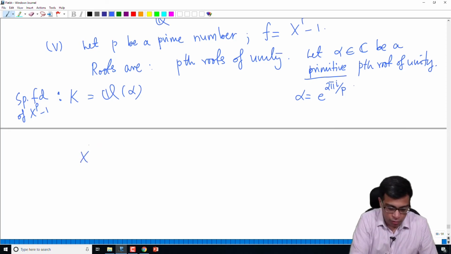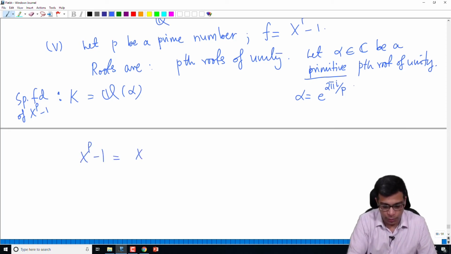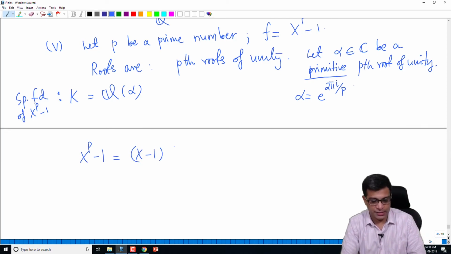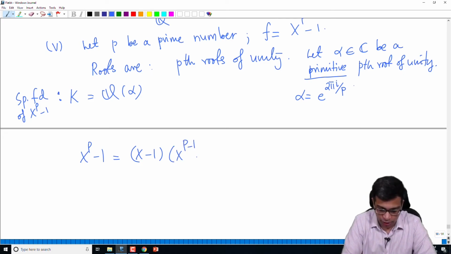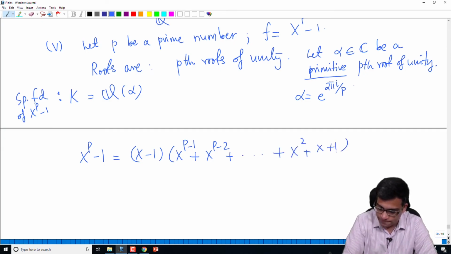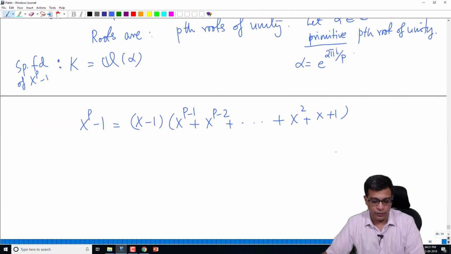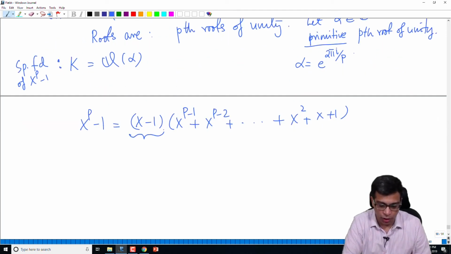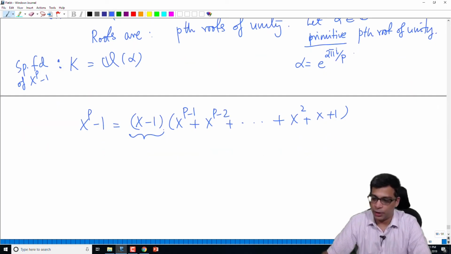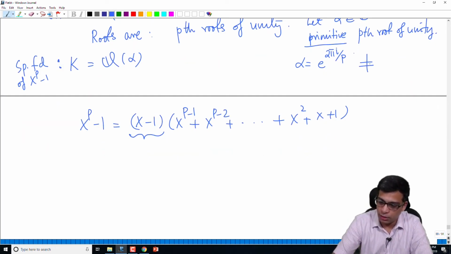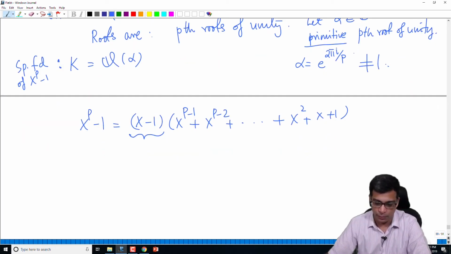So the irreducible polynomial can be found by factoring this into x minus 1 times x power p minus 1 plus x power p minus 2 dot dot dot x squared plus x plus 1. Clearly alpha is not a root of the first term, because there is only one root here, that's 1. Alpha being a primitive pth root of unity certainly is not 1, because p is a prime number, p is not 1.